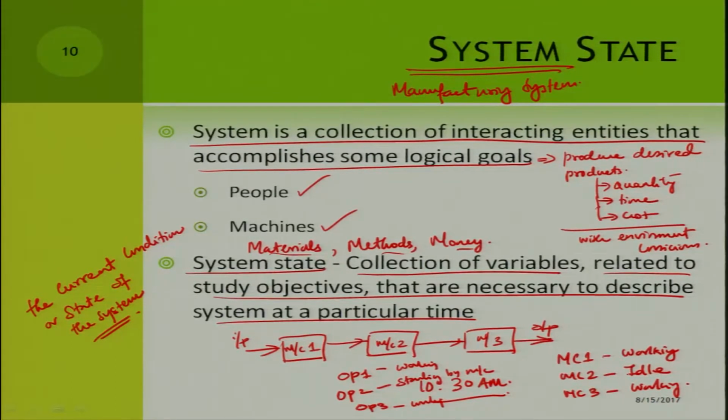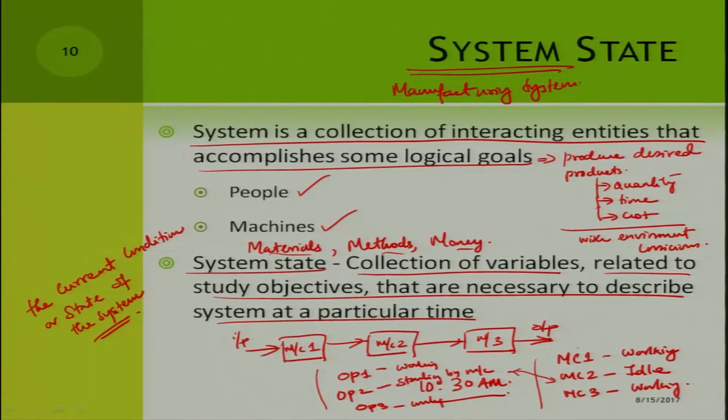So then it might either be broken down, or it could be waiting for parts to arrive, something like that. So in such a study, you would require many more variables to completely describe the state of the system.